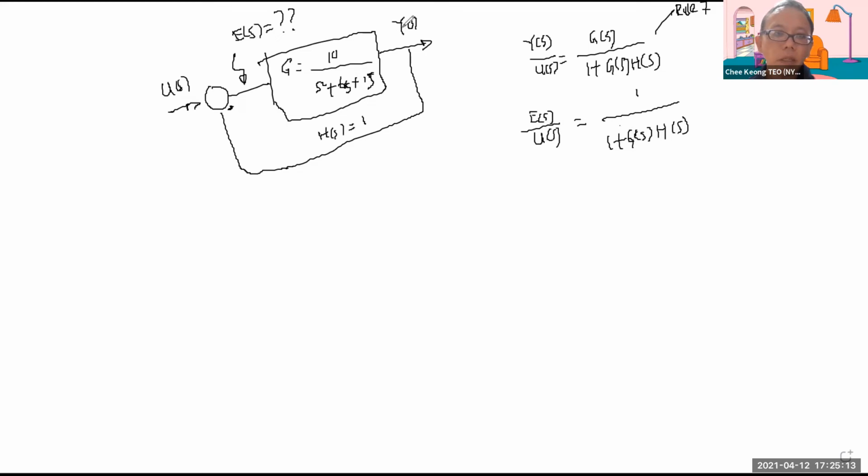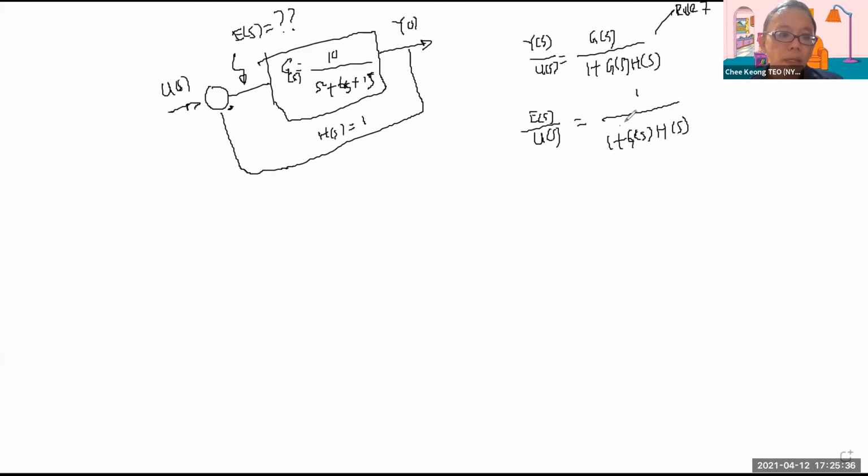If you see, in order to get back E of S, I have to move backward, and this has to be divided by this G of S. So if you take the expression of Y of S and divide by the G of S, basically you get 1 here. You divide away the G of S. So therefore, the error function will be something like that, right?